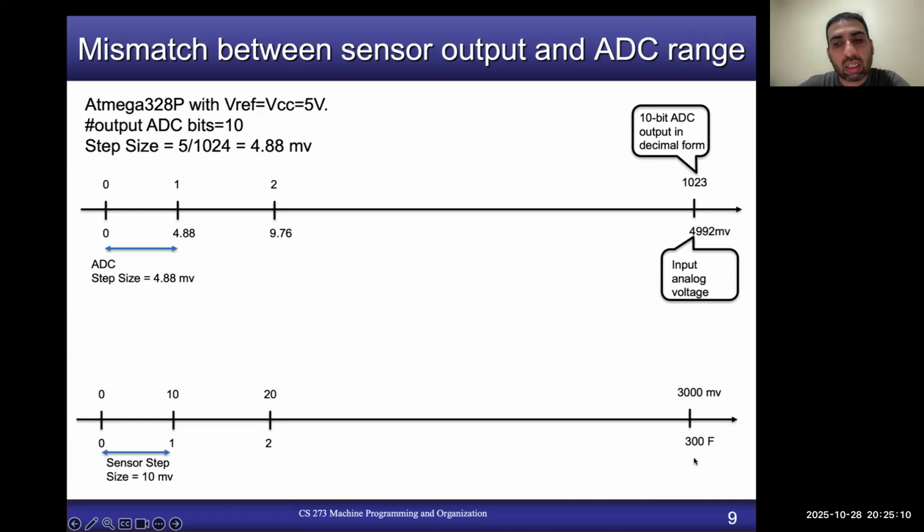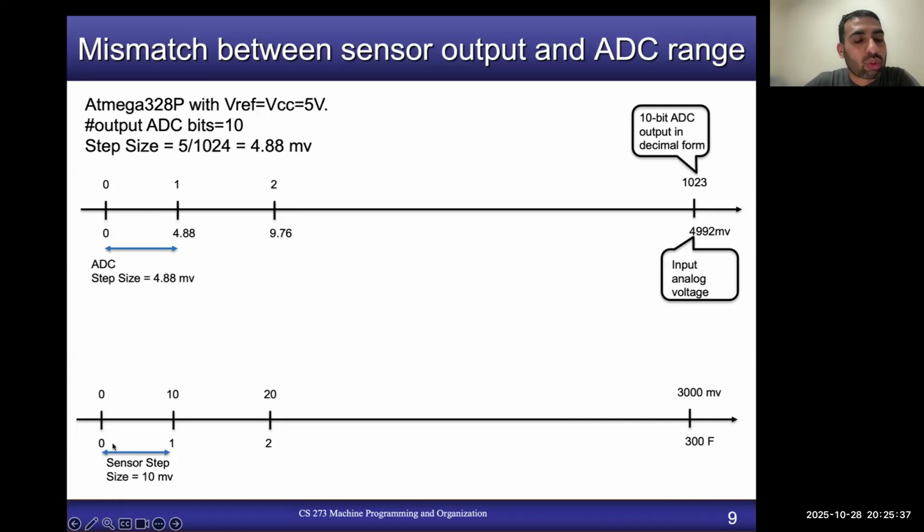I will not cover negative temperature here, because then we need to talk about negative supply voltage, and it will take our time, and it is not a concern for us. So let's focus only on the positive range, from 0 to 300 Fahrenheit, right?